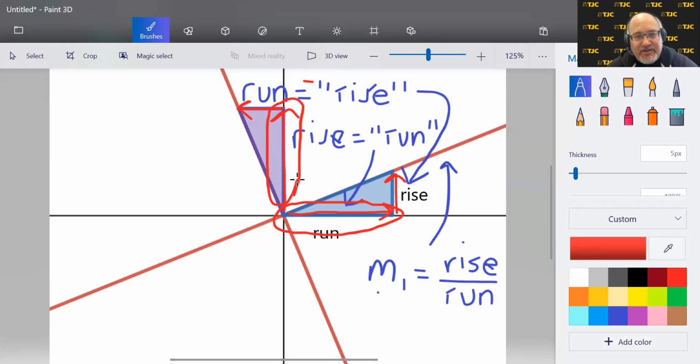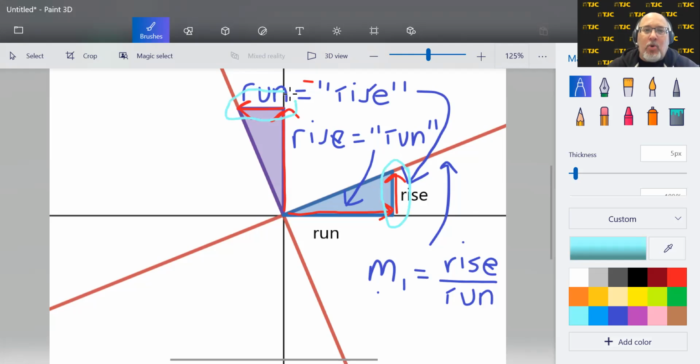Left to right is positive, bottom to top is positive, but the rise, what used to be the rise became the run and switched from going in a positive direction to a negative direction. So not only do the rise and the run reciprocate, one of them changes signs.